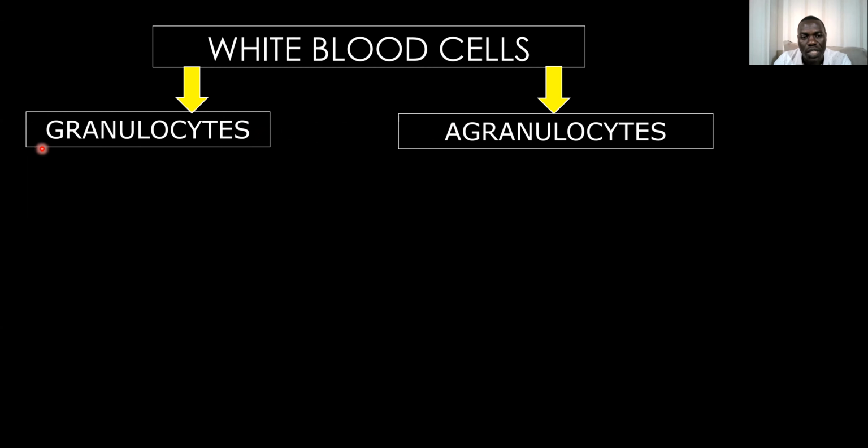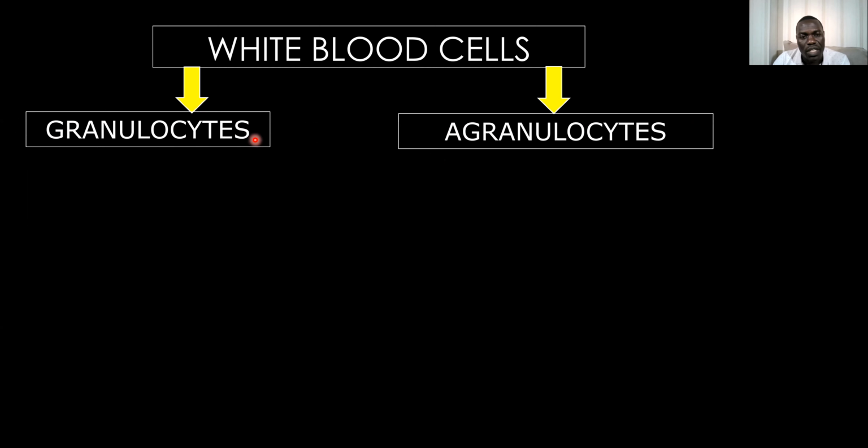There are those that contain granules within the cytoplasm, and there are those that lack granules. Let's start with the ones that contain granules within the cytoplasm. Remember, these granules contain various chemicals like histamine, leukotrienes, and the like, which can be released to mediate inflammatory reactions.